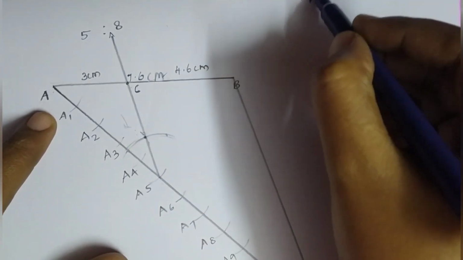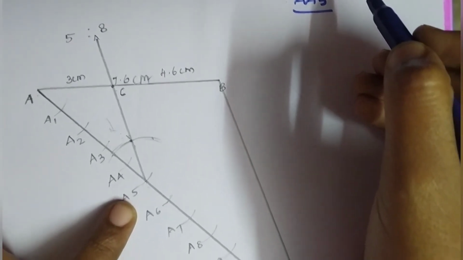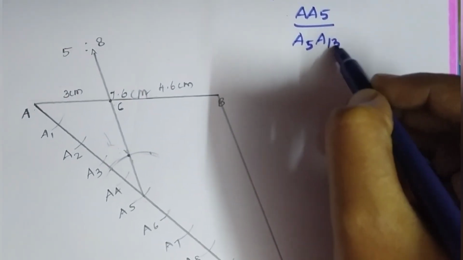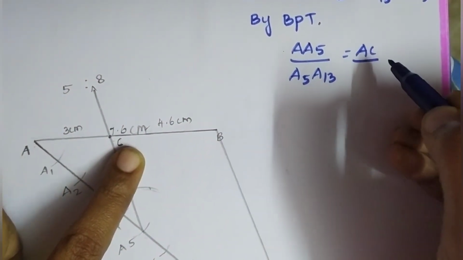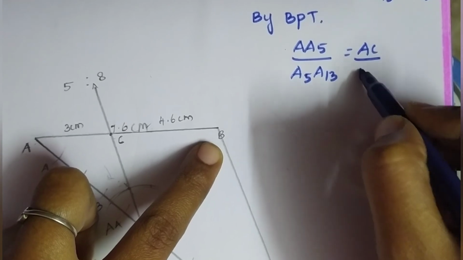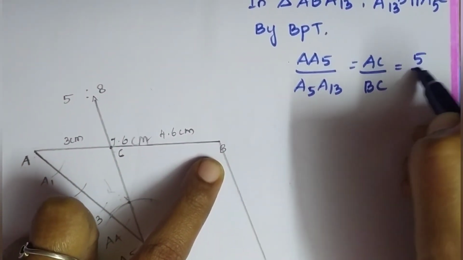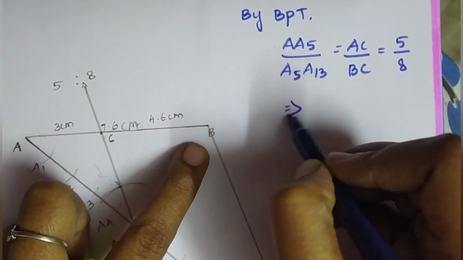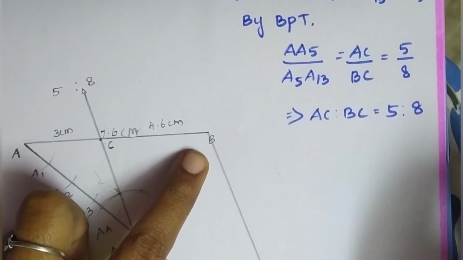That is, A5 to A13 is equal to AC divided by CB, or BC, and it is in the ratio 5:8. Therefore, AC is to BC is equal to 5:8.